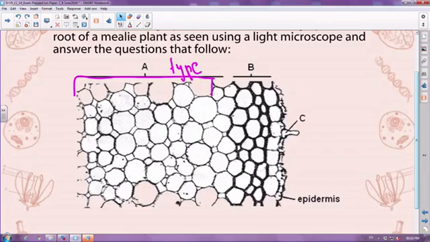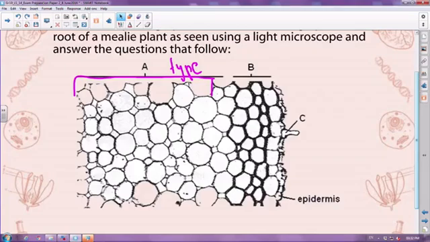And that would be something totally different. So when you read your questions, sometimes in the wording there are subtle differences you need to pick up on about what they are asking you. Here they're asking you the tissue type, not what that area is called in the cell.